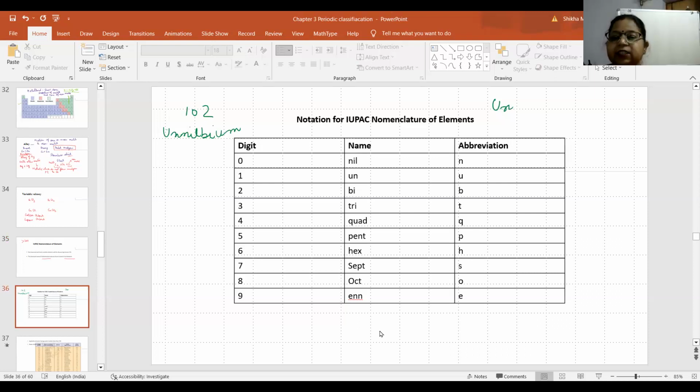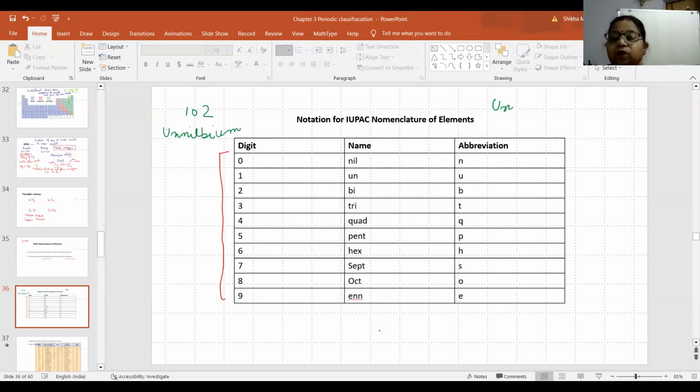So for writing the name of the elements having atomic number more than 100, they gave every digit from 0 to 9 a particular name and an abbreviation or a symbol. So for 0, they called it nil. Nil means 0, which does not have anything, right?